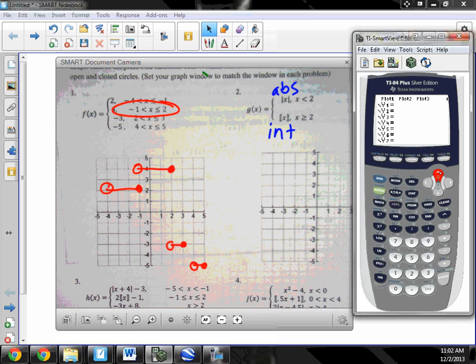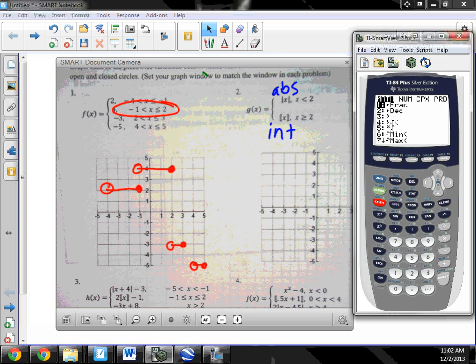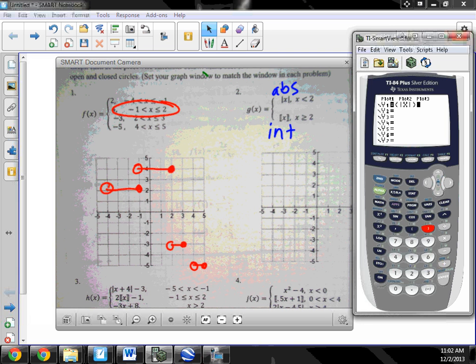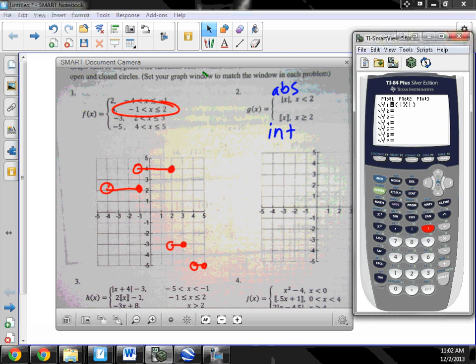So math, you have to put it in parentheses. So go into y equals, parentheses, math, go over to number, ABS function of x, and then close the parenthesis, and then type in the domain.